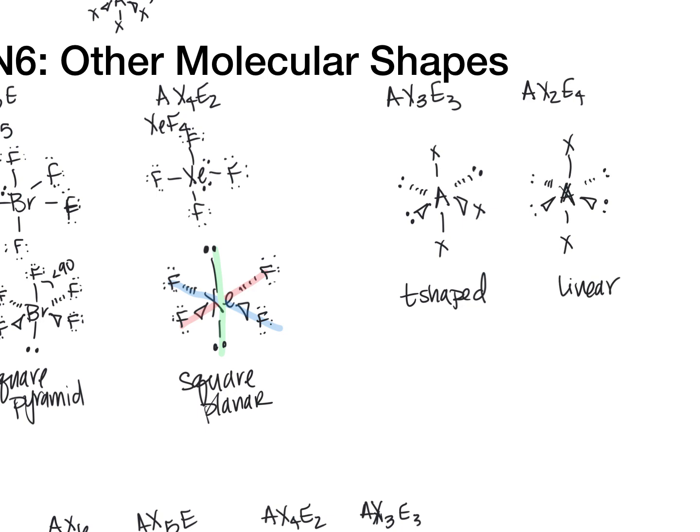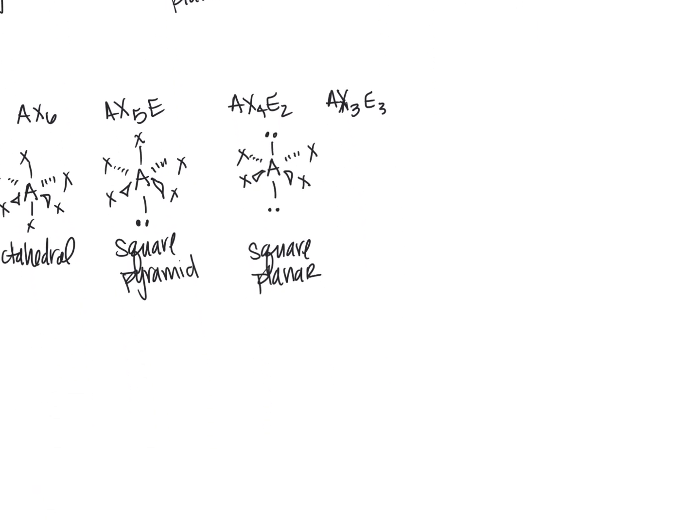So I will go down and draw these in our regular structure. And so for the AX3E3, we have A followed by our structures. We're going to put our X's first this time, making sure they and the lone pairs are furthest apart, and this is T-shaped.